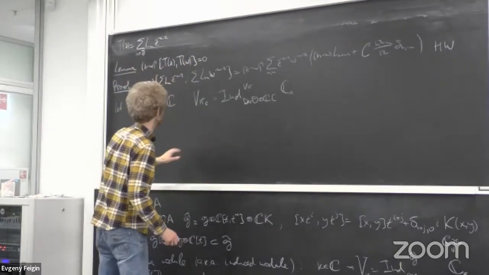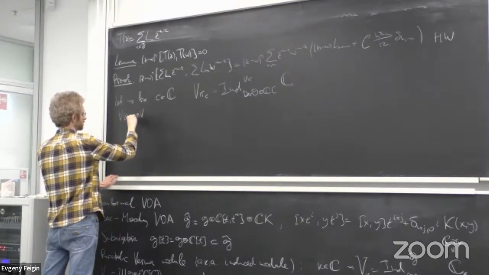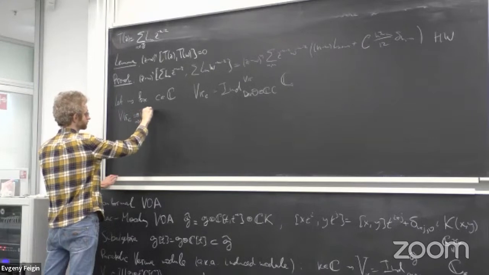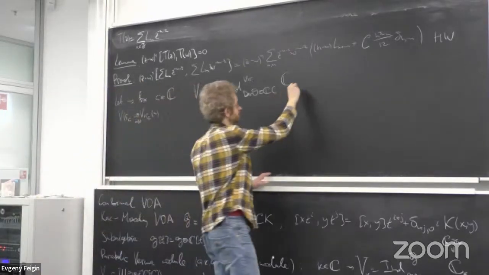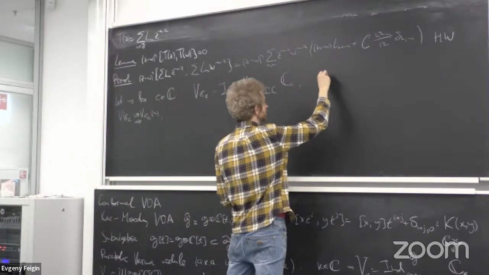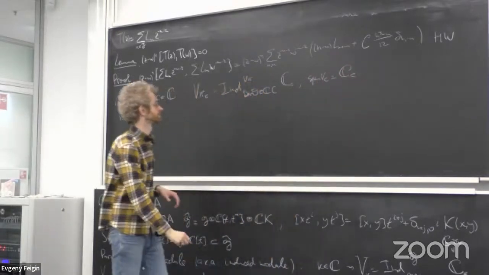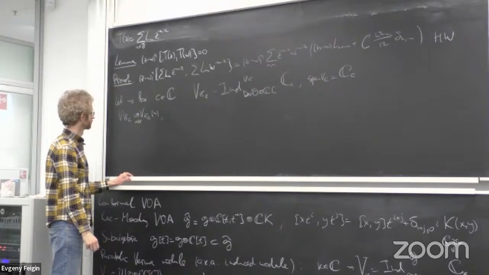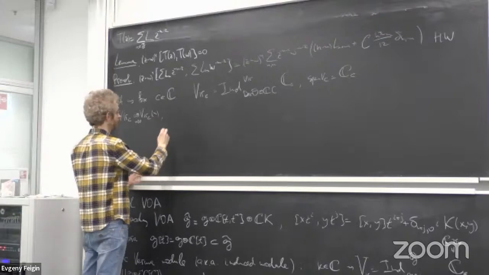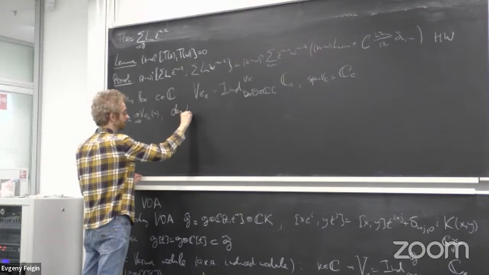This space is graded, and let V_c be our one-dimensional space, so we have this direct sum decomposition, keeping in mind that the degree of L_k is minus k.